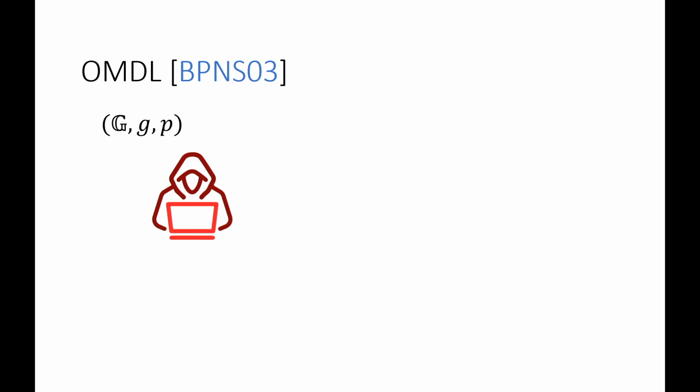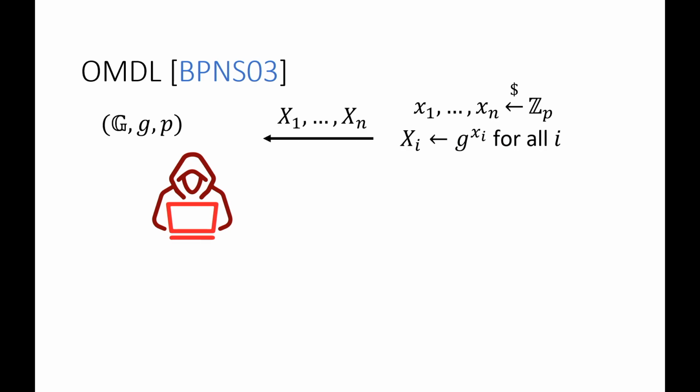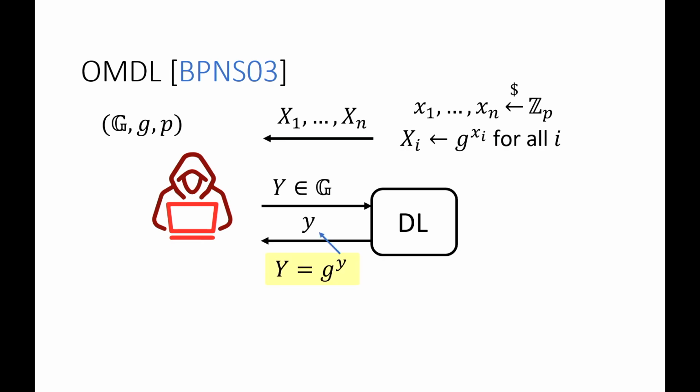So let's start by reviewing the one-more d-log assumption. It is defined using the following game. The challenger first samples n random group elements as challenges and sends them to the adversary. The adversary has access to a d-log oracle, which takes an input group element and returns its discrete log to the base g.